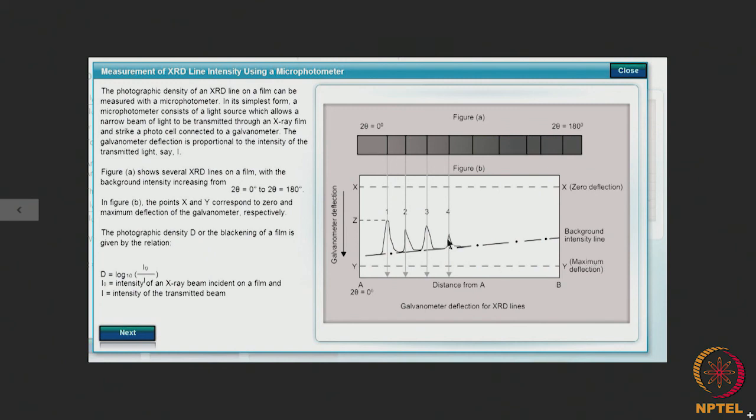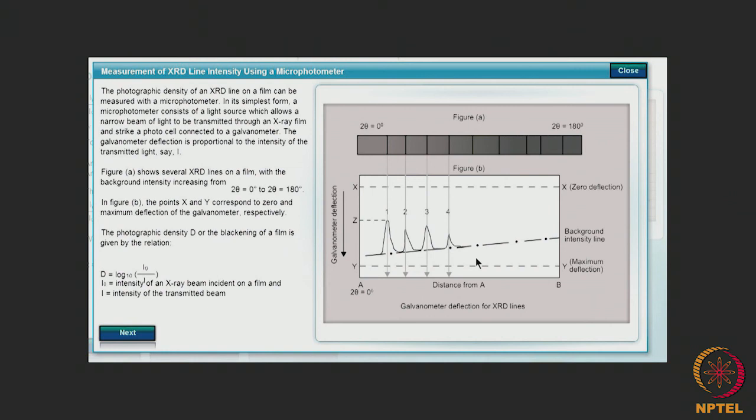Now, for the lines 1, 2, 3 and 4, this is what we find for the galvanometer deflection. This is what we get for the 4 lines according to their intensities.